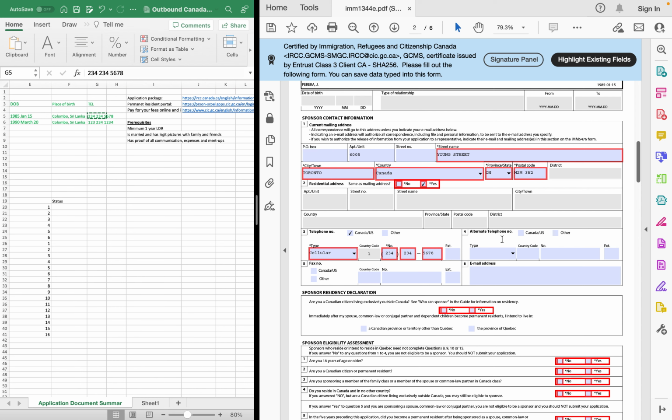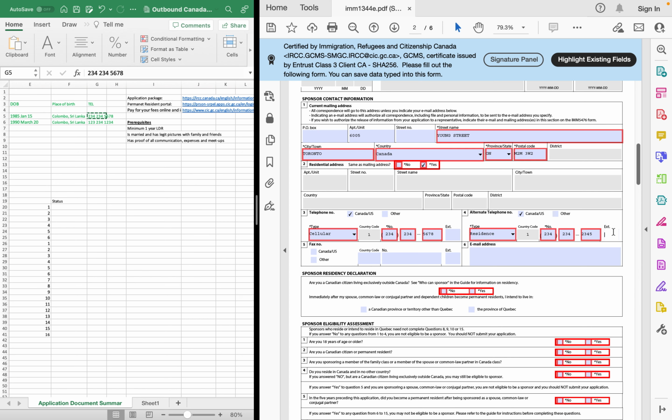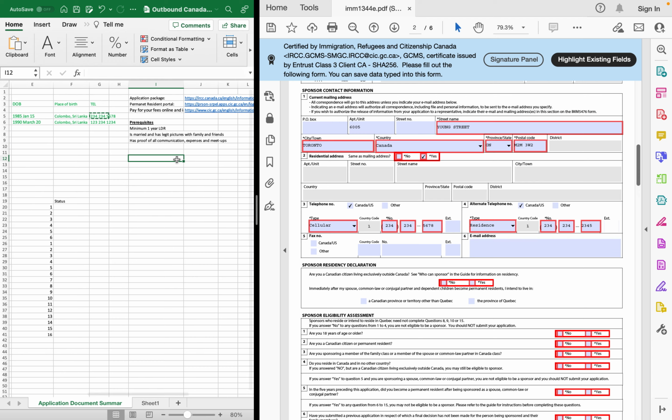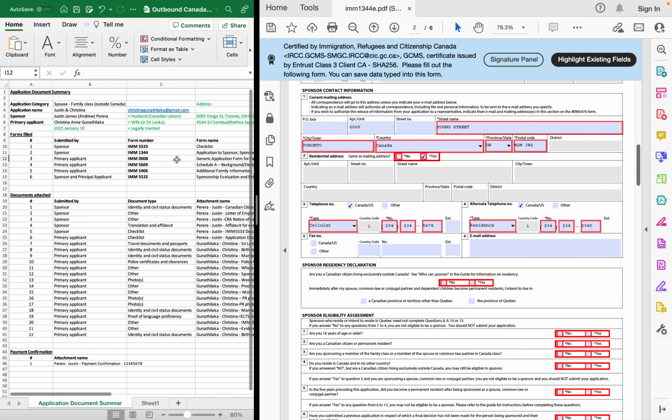It will also ask for an alternative number, so in this case you can give again a residence, like the home number. So let's assume this is the number, and then fax number. Of course, in today's context rarely do people use it, so we don't have to use it, but we need to put an email address.